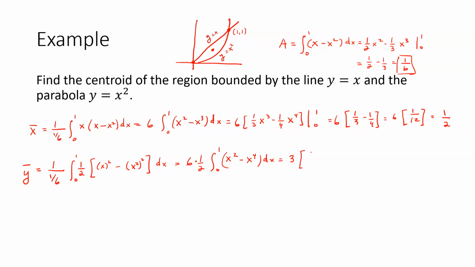Integrating, we have 1 over 3 x cubed minus 1 over 5 x to the fifth. Evaluate from 0 to 1. So that leaves me with 3 times 1/3 minus 1/5, which I believe is 6 over 15. Okay, so that gives me my centroid now. x bar, y bar is the coordinate 1/2, comma 6 over 15.